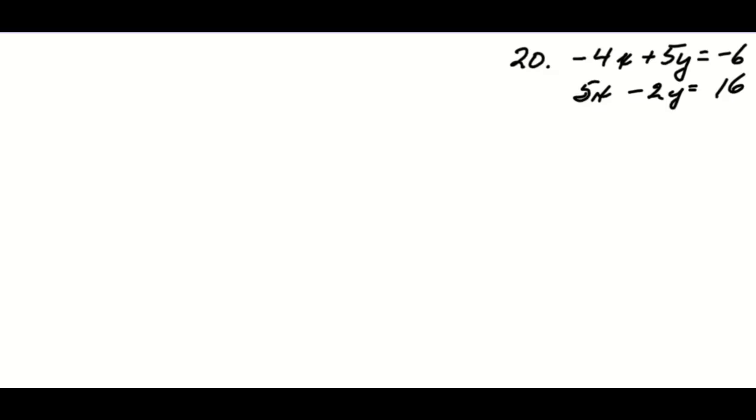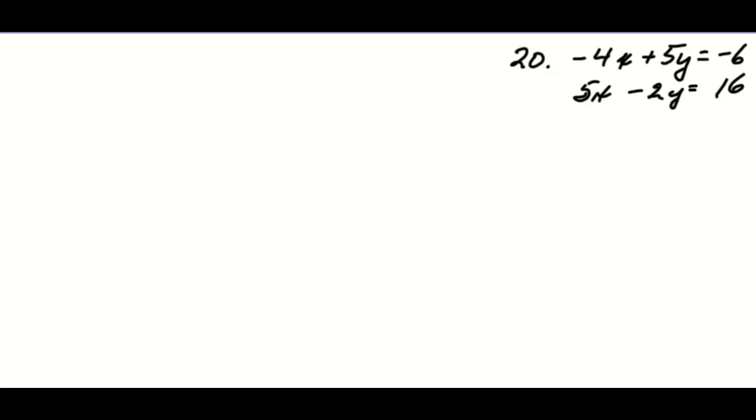We don't have anything matching there. It's a negative 4x, positive 5x. We've got a positive 5y and a negative 2y. So we're going to have to multiply both equations through by some factor. I'm looking at that and I'm saying to myself, I'm going to focus on the y's this time.